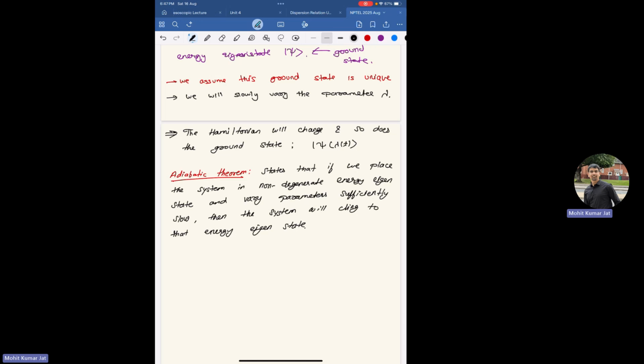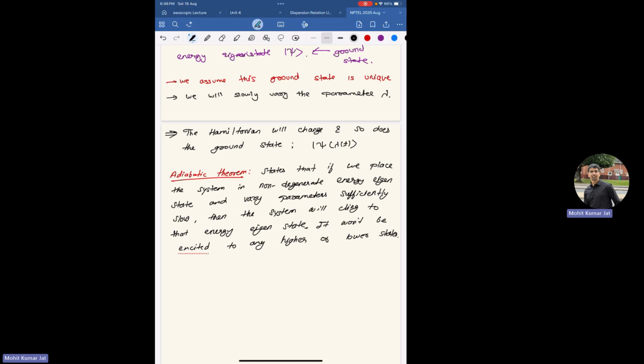It won't be excited to any higher or lower states, as long as there is no crossing. That's also important. Lower states means the energy states, basically.